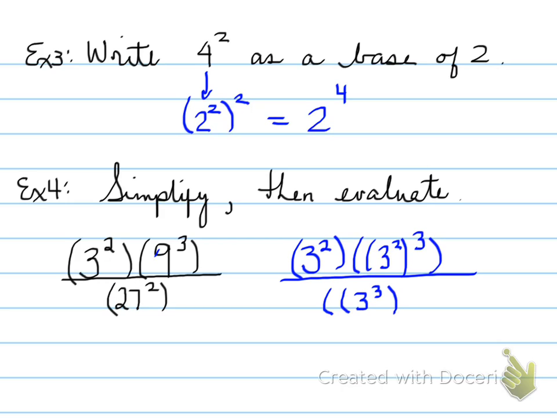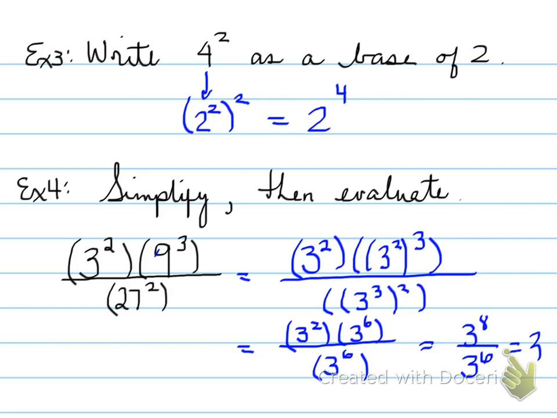That's our 27. Don't forget the square, and now we've converted everything to a base of 3. By doing so, we can now simplify. 3 squared times 3 to the 6 over 3 to the 6, and the result will be 3 squared. 3 squared is 9. And this is example A.